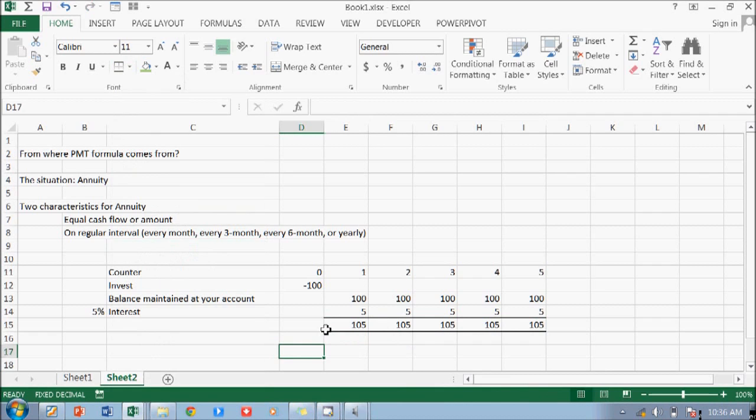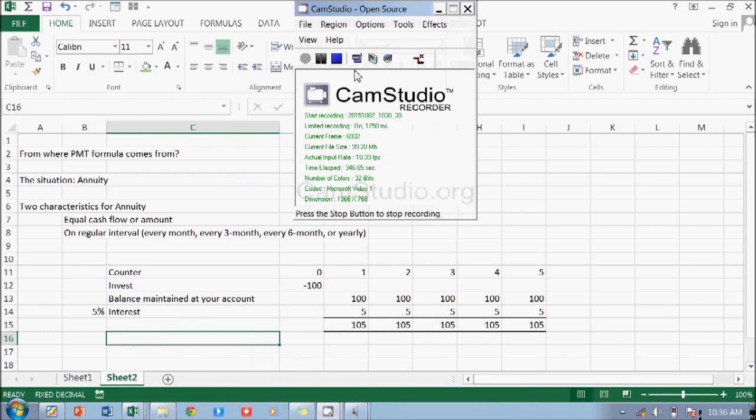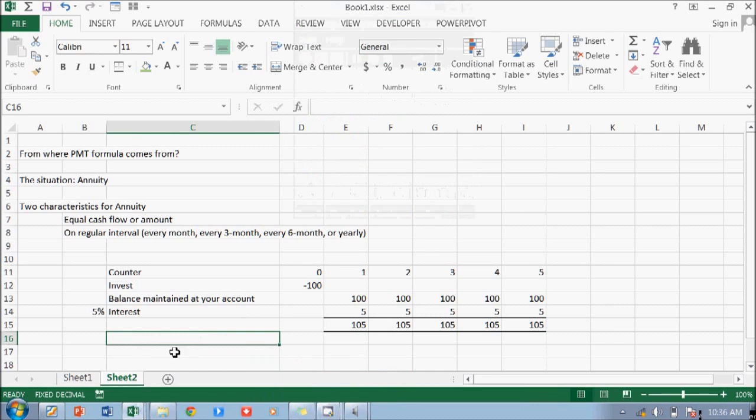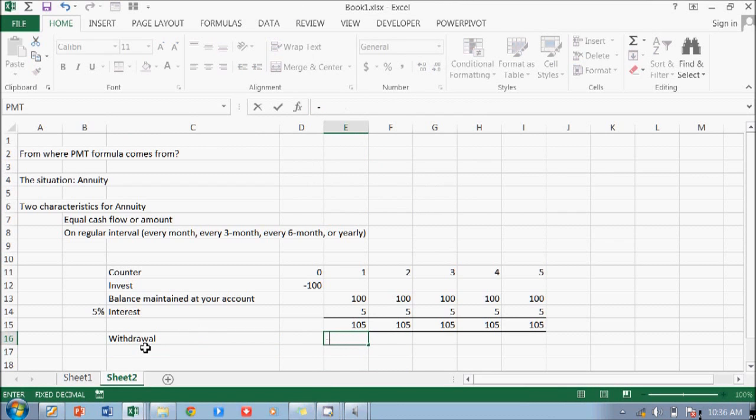But you want to draw the money, so you got the interest, then you want to withdraw. So you're going to withdraw your money, $5 here every month.